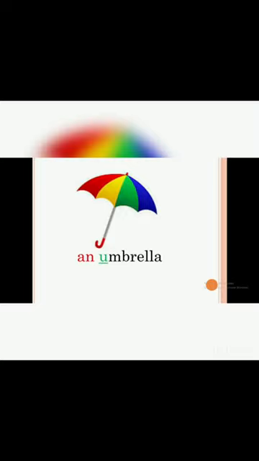The word umbrella starts with the vowel letter U and it produces a vowel sound. So we want to use an before the word umbrella. Students, I hope you get a clear idea about the usage of an.